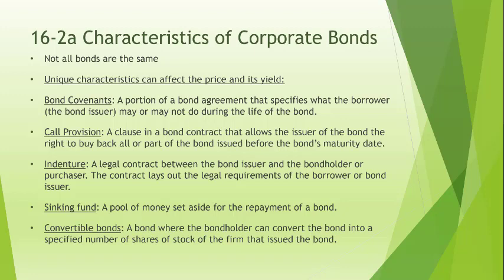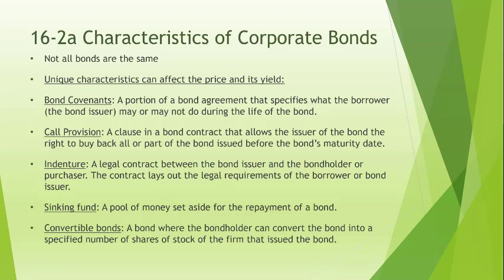Indenture. This is a legal contract between the bond issuer and the bondholder or the purchaser. The contract lays out the legal requirements of the borrower or bond issuer. So this can be an addendum to the bond issue, which shows exactly what the legal standing of the bondholders is.